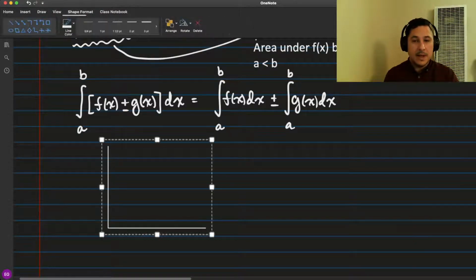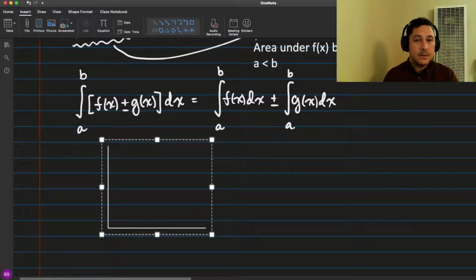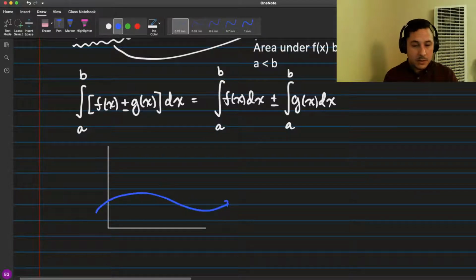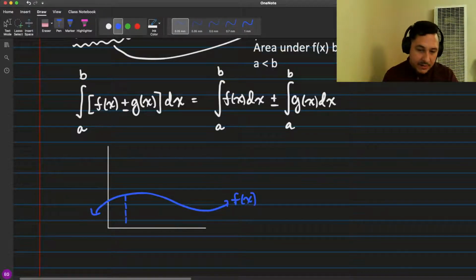Okay, so there's my x and y axis. So let's draw a f of x. So if this is your f of x, if you're integrating from a to b, you want this area here in green.